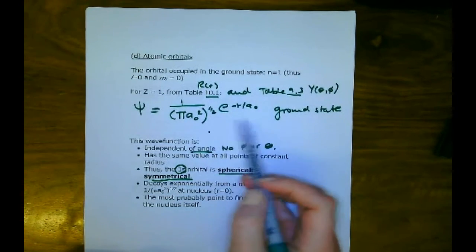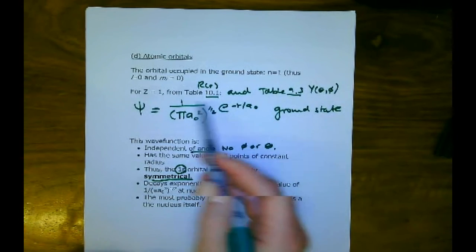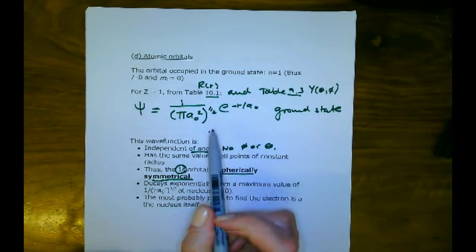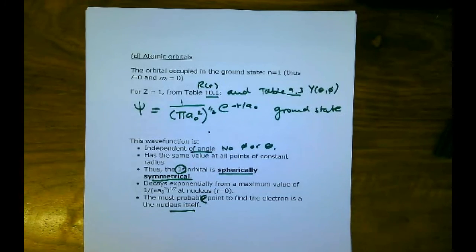And we have this exponential decay with the radius. If you just look at this wave function, which is not the full story yet, it seems like the most probable point to find the electron is at the nucleus itself, which we know doesn't make sense. But we will clarify this soon.